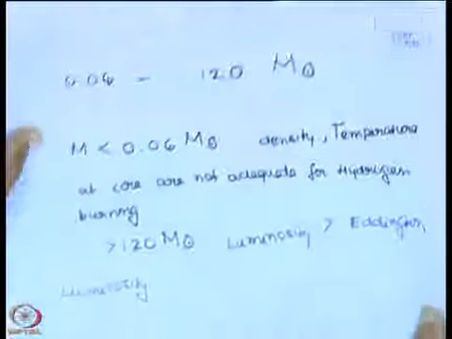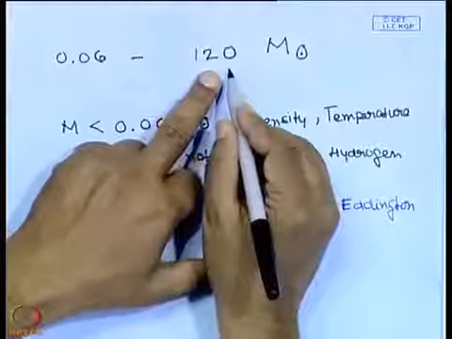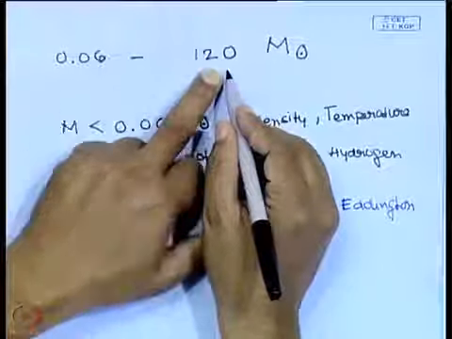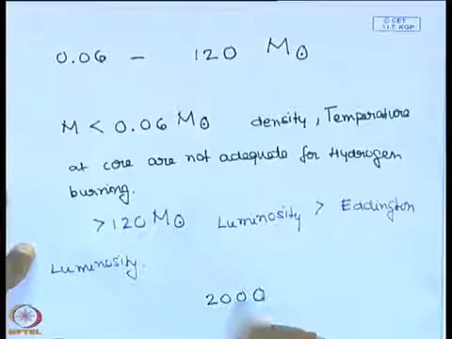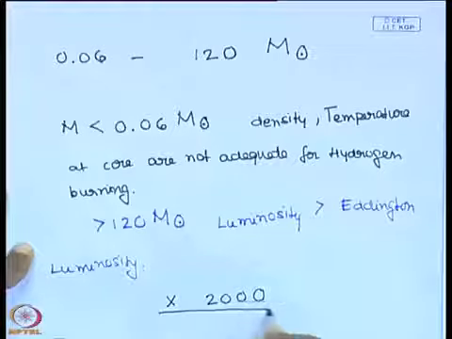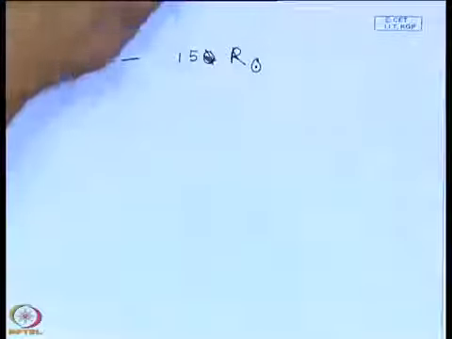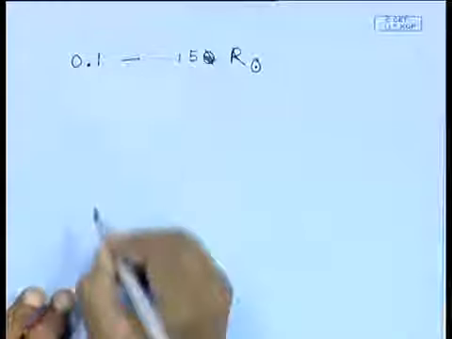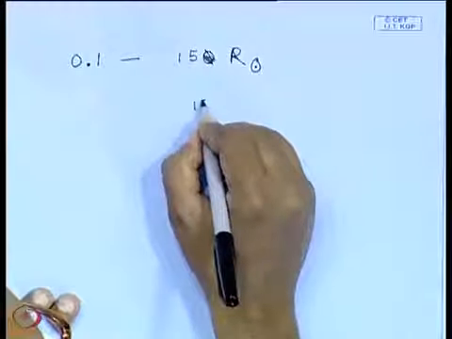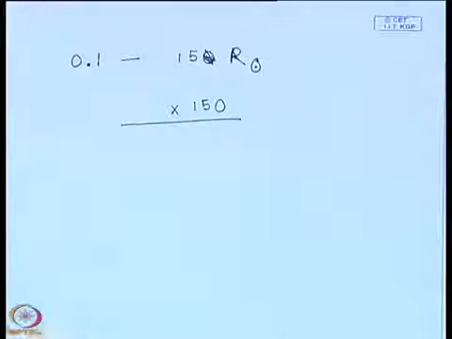So, the point to note here is that the ratio of the largest mass for which you can have a hydrogen burning star to the smallest mass is a factor of 2000. Whereas, for this mass range, the radius is not very sensitive to the mass. The radius changes only by a factor of 150. Okay. It does not increase proportionately, it is a somewhat weak dependence.